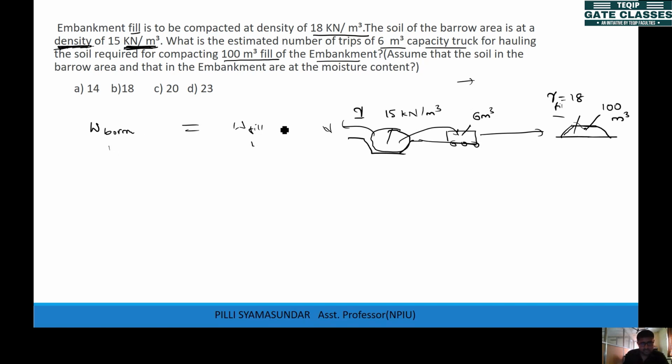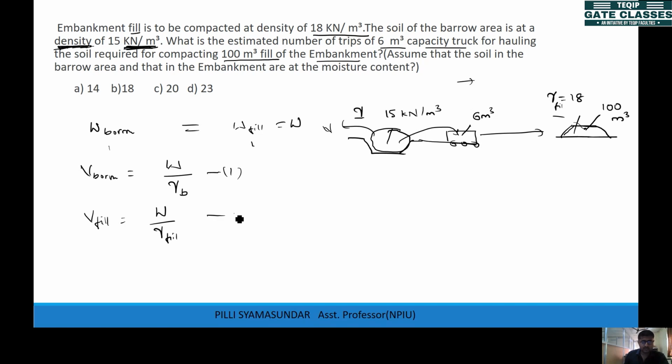Because the weight is the same, I can take a single weight W. So the volume in the borrow pit is total weight by unit weight of soil in the borrow pit, and the volume in the fill is total weight by unit weight of soil in the fill.